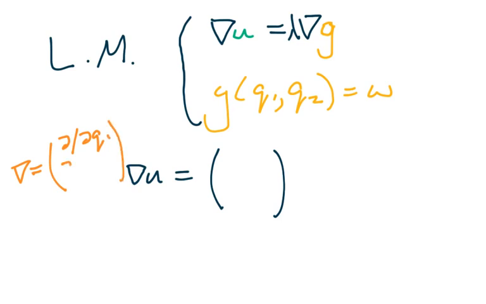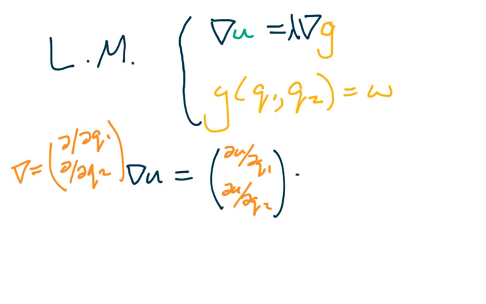In this case it's q1, and the derivative with respect to the second variable in the second component. So that would be the partial derivative with respect to q2 in the second component. So for us, this would look like the derivative of u with respect to q1, derivative of u with respect to q2.